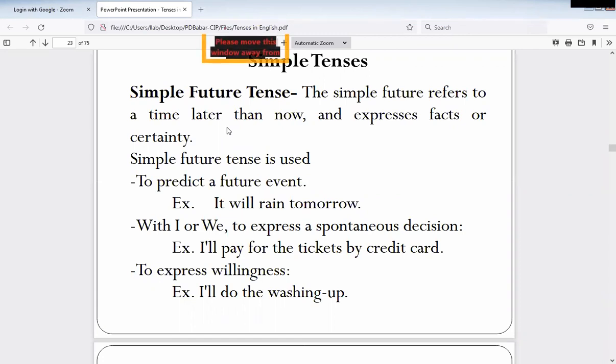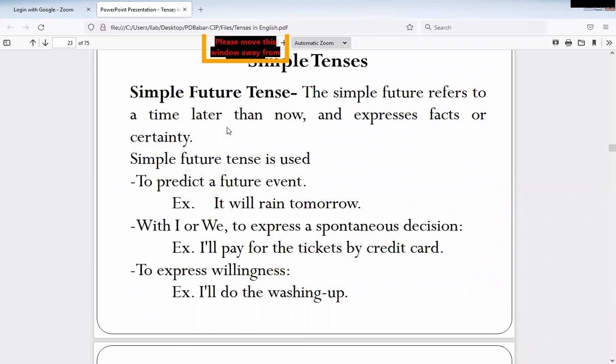After a meal, that is lunchtime or dinner time, some of us have the habit of washing our dishes. So for expressing that willingness, we use I will as the simple future tense expression.